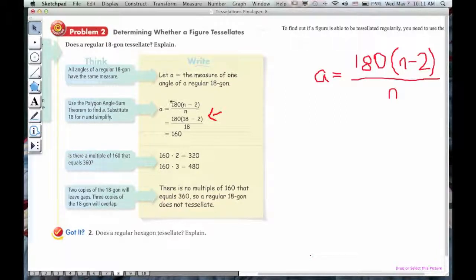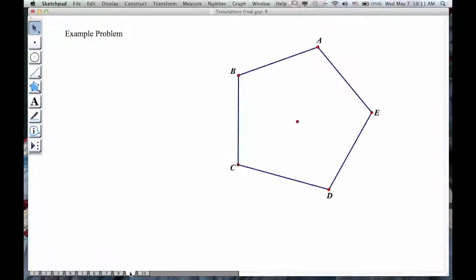Substitute 18 for n and simplify. So here we just go through the math. We have to figure out whether the number that we get at the very end, with 18 as the number of sides, can be multiplied or divided up or down to 360. If so, it can be tessellated.